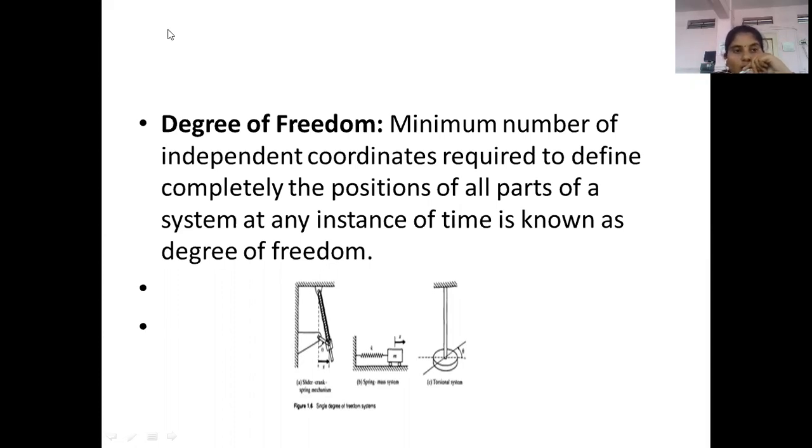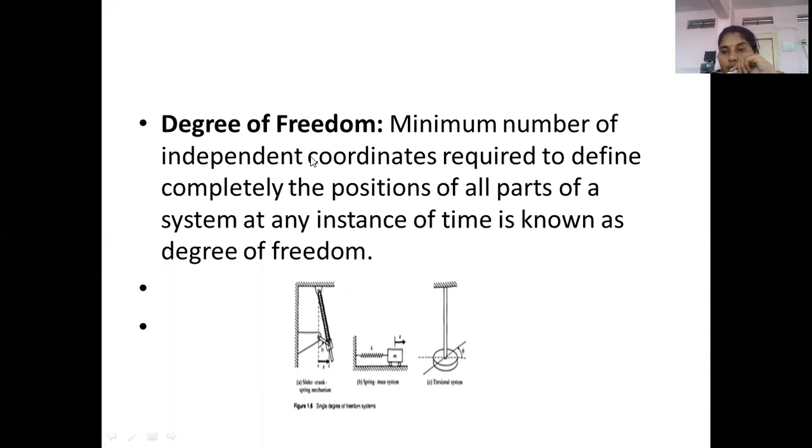Take a body: to define such a body, we have to go for the minimum number of independent coordinates. If, with the minimum number of independent coordinates, we define the body in all respects, all parts of the system at any instant of time, that is known as degrees of freedom.